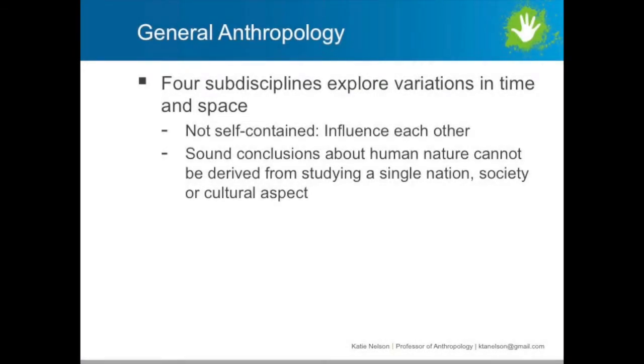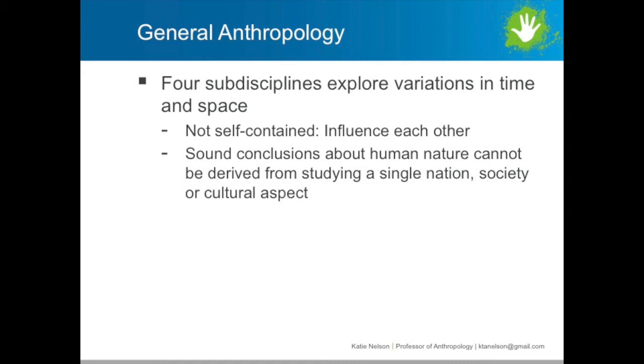Slide 10. These four subdisciplines explore variations across time and space. It's important to note that just because we refer to them as four separate subdisciplines, they're not self-contained disciplines, but they very much influence each other.